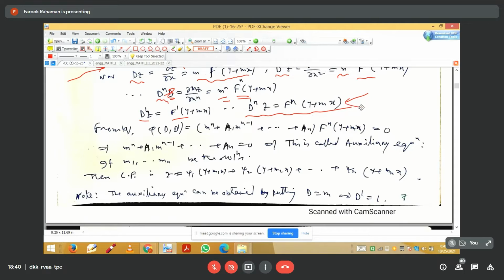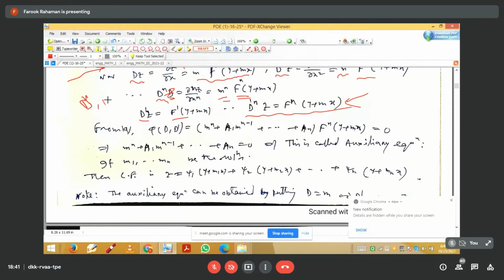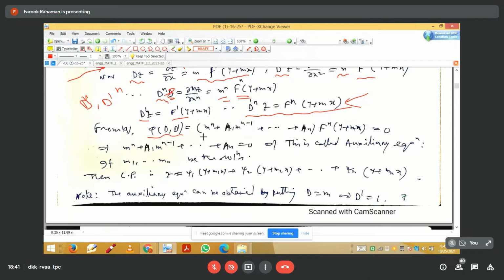Now, putting all the values of d to the power n, d dash to the power n, etc., then one will see that f will take this form, and we see that this one is a common factor, so we can take it outside, and the right hand side is 0.